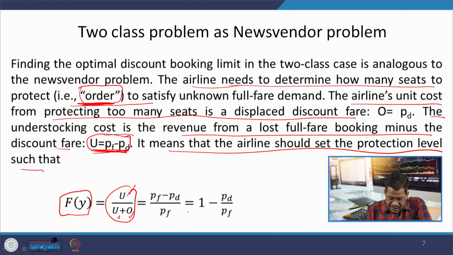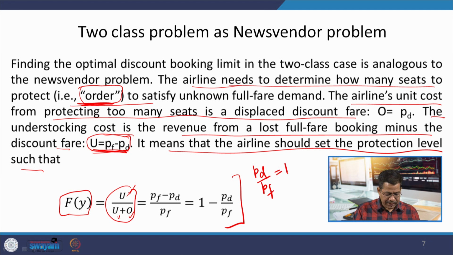And this can be translated in terms of our discussions of price for full fare and price for discounted, 1 minus PD upon PF. In fact, this is also very similar to, if you remember, PD upon PF is actually 1 minus F(y). This is coming like that, and we remember that y is our protection level which is C minus B. This is what we are just coming from this news vendor problem.